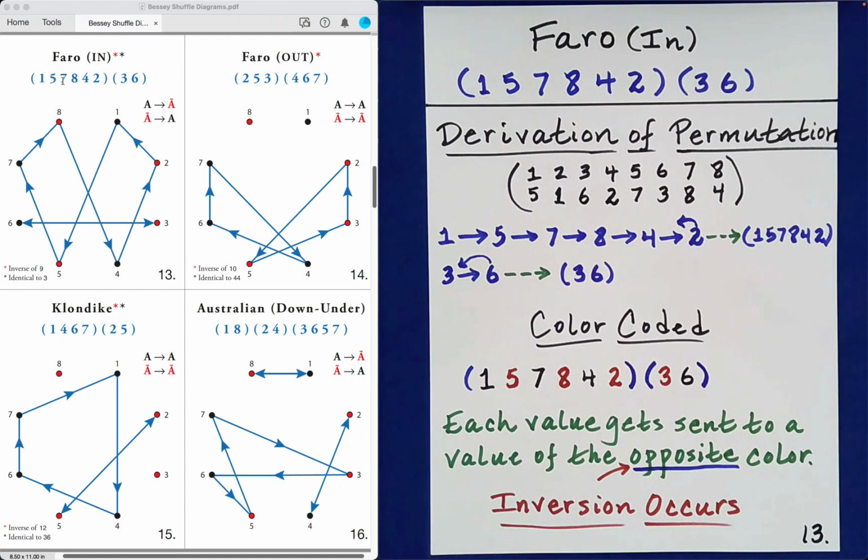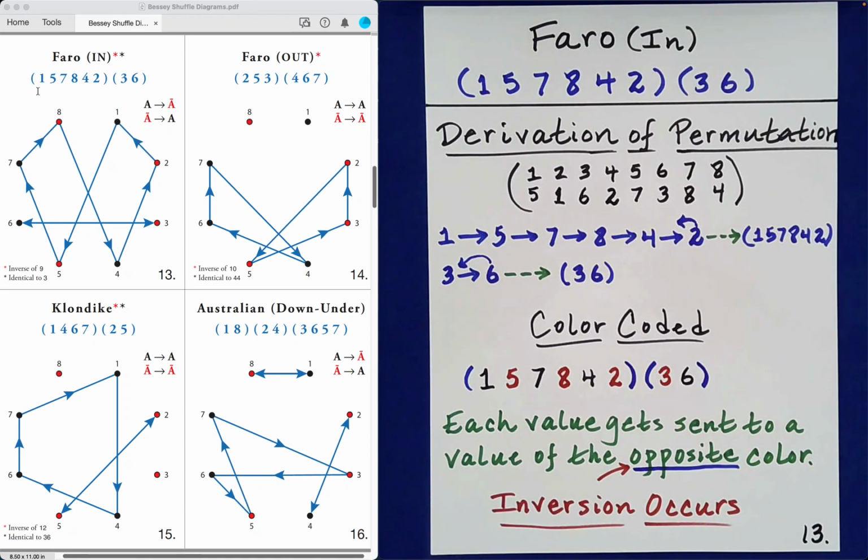So 1 goes to 5, 5 goes to 7, so here's 5, we're going to go up to 7. 7 goes up to 8, and 8 gets sent down here to 4, and then 4 gets sent to 2, and finally, the 2 here gets sent to 1 at the beginning of the cycle. And that completes that 6th cycle.